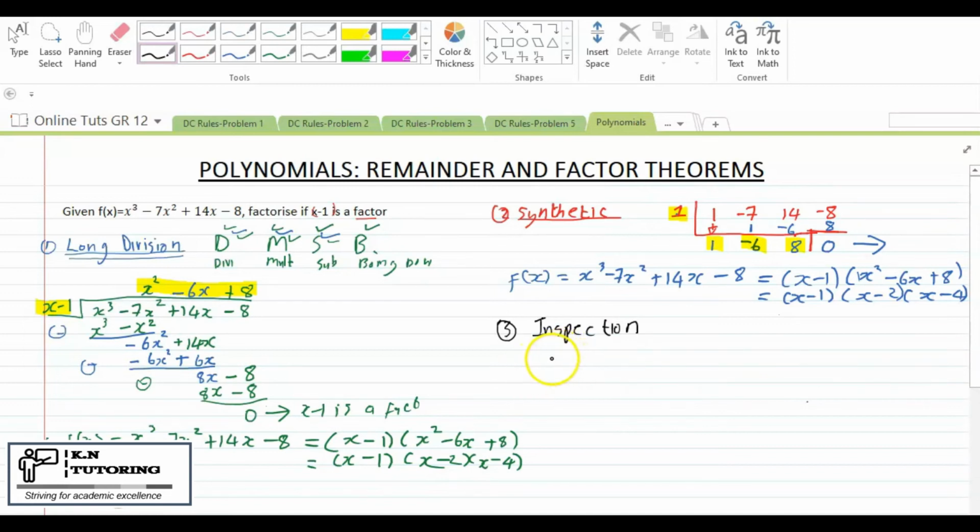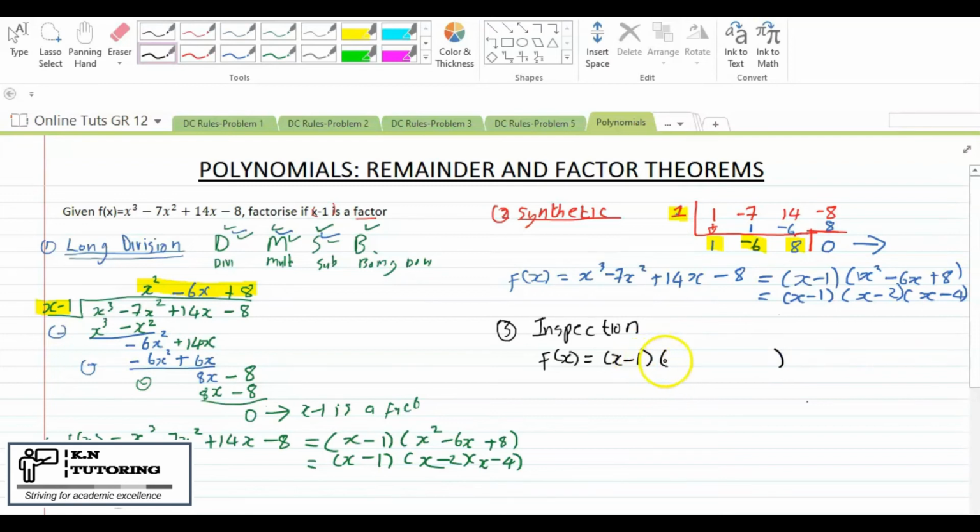So we know that the function is f of x, and we've been given that x minus 1 is one of the factors. So we know that x minus 1 is a factor. Now we must find other factors.